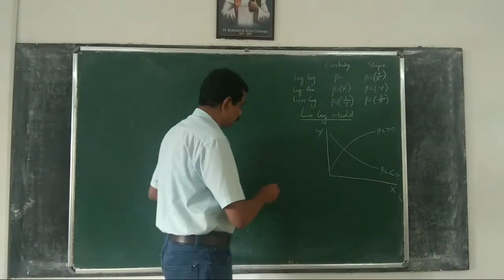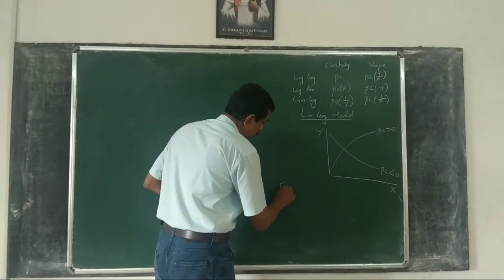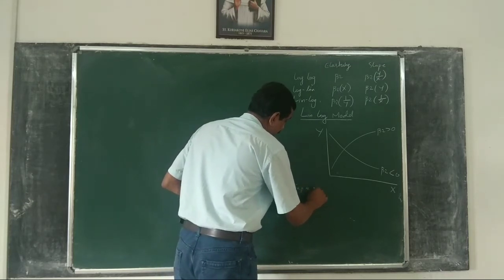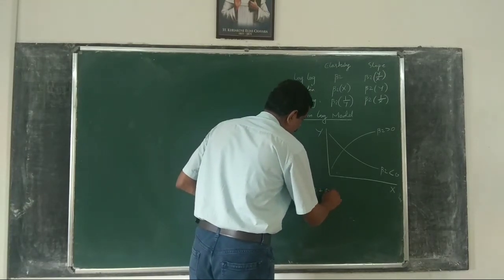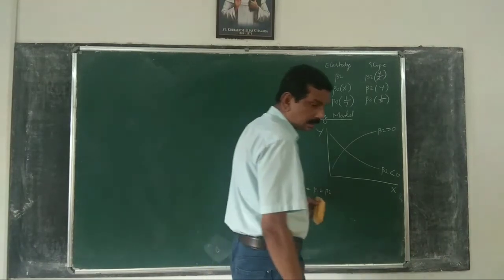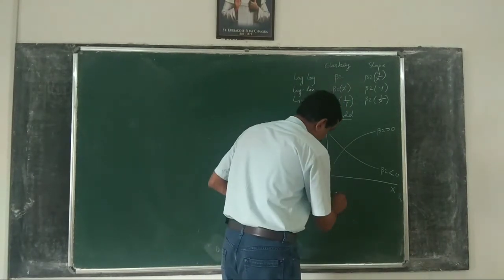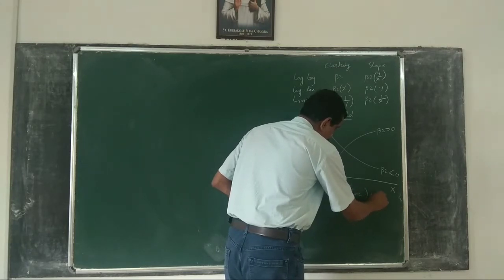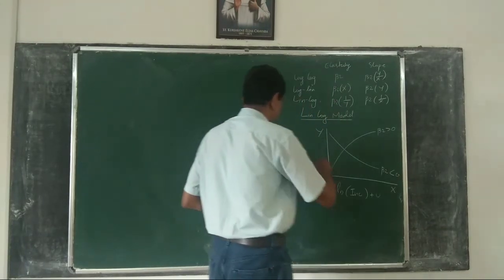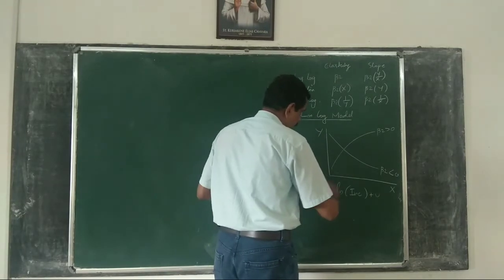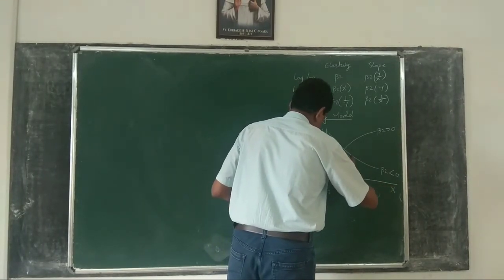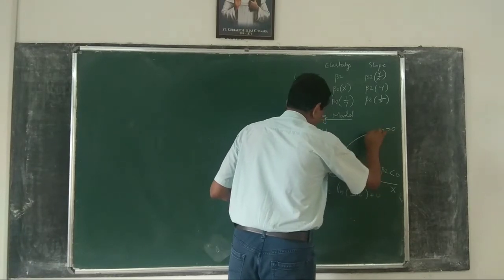So, if your model is food expenditure equals beta 1 plus beta 2 ln income plus u. Because if you plot the relation between food expenditure and income, as you will see, as income increases, food expenditure increases at a diminishing rate.